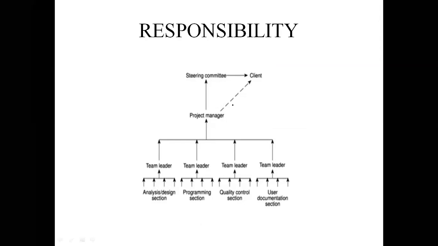See here, in the analysis and design section there is a team leader, and the programming section has another team leader, the quality and control section also has another team leader, and the user document section another. These team leaders interact with the project manager. The steering committee interacts with the project manager. The project manager also interacts with the client. So this is the responsibility.